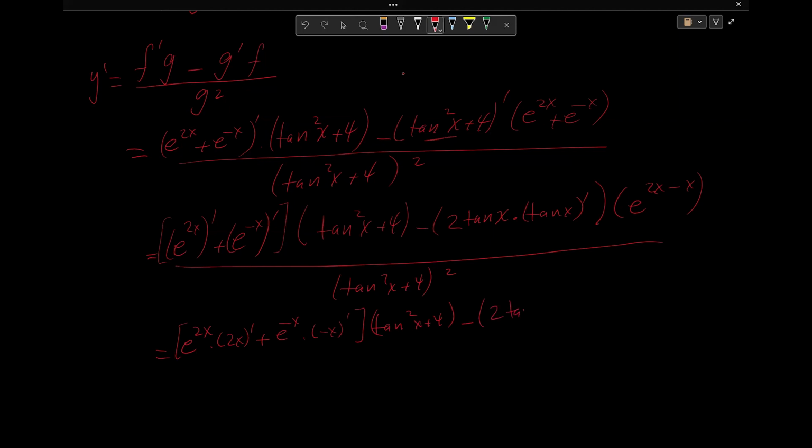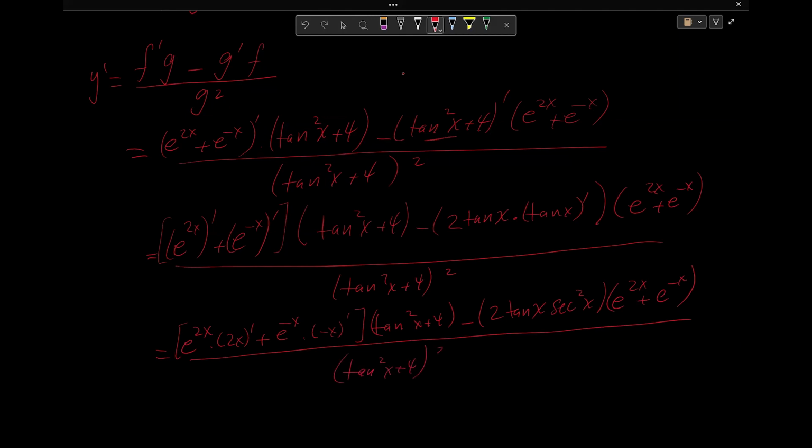So 2 tangent x. What's the derivative of the tangent? That's secant squared x. E to the 2x plus e to the negative x, all over (tangent squared x plus 4) squared.